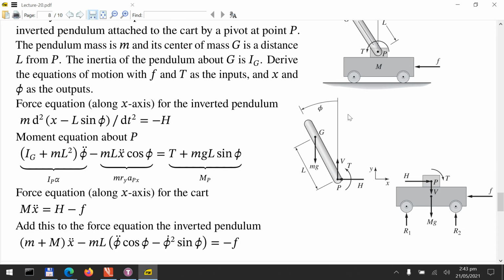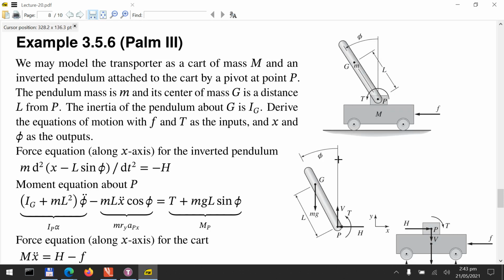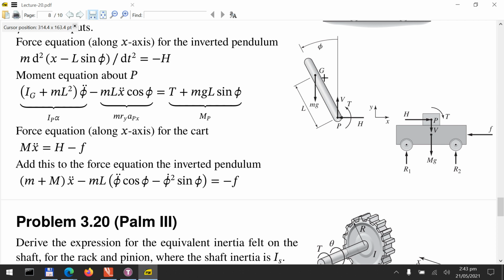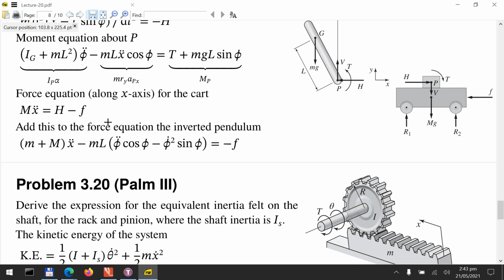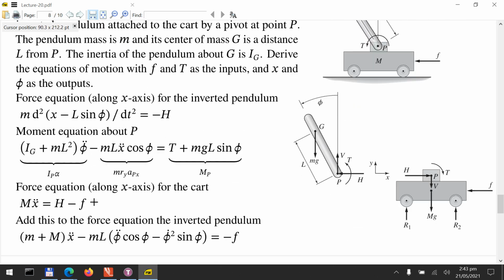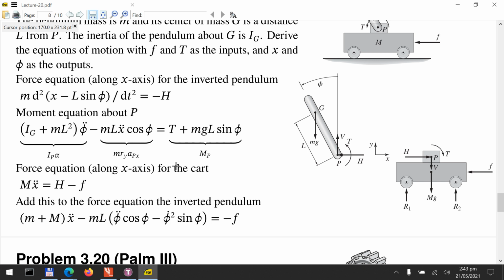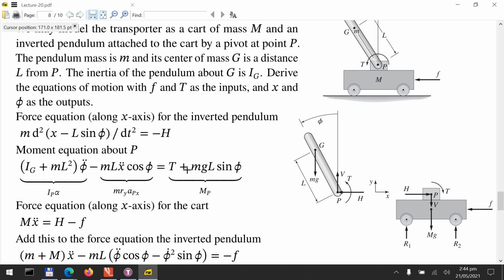So you needed this, and then you needed this, in free body diagrams and force equations. And because I left a lot of detail, if you remember, you needed this formula.